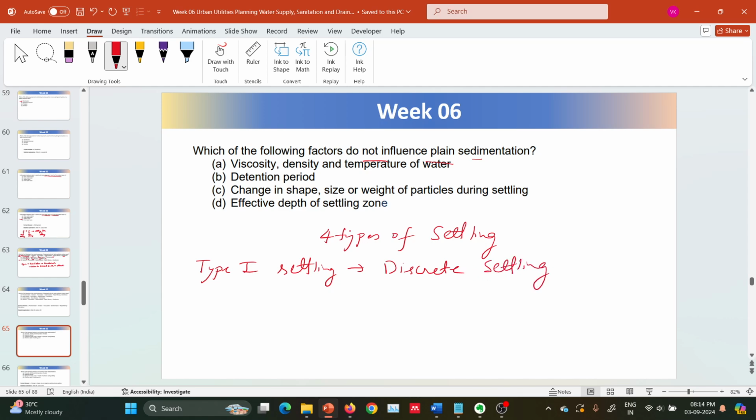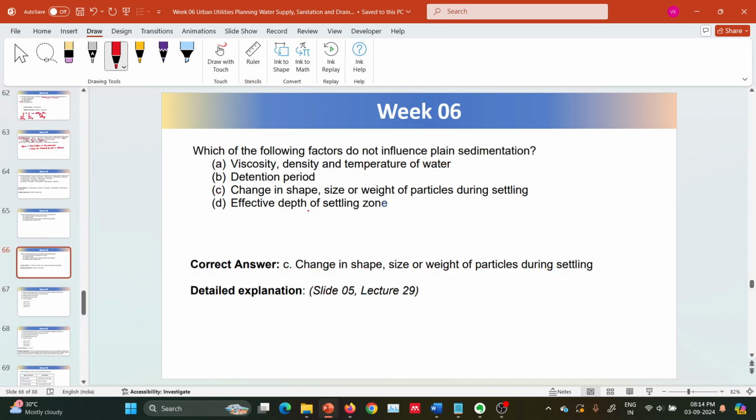In discrete settling, there is no change in shape, size, or weight of the particle. So the answer is C here: change in shape, size, or weight of particles during settling.